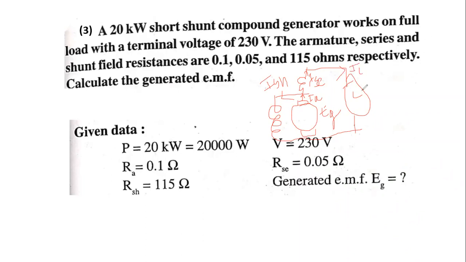Then we note down the current equations. First, IA means the armature current. At this point, this IA is divided into two currents, that is ISH and ISC. So IA is equal to ISH plus ISC.